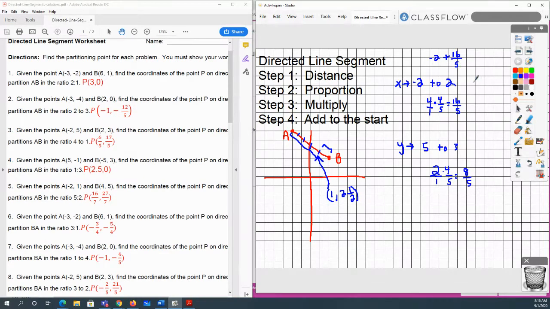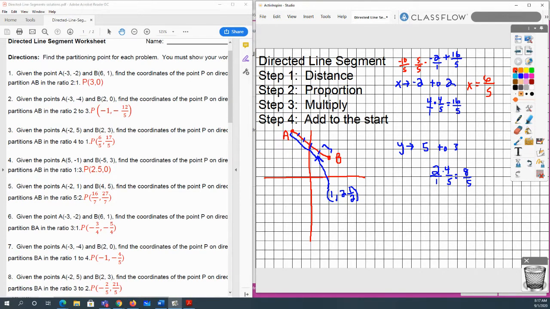I'm going to put this over 1. Least common denominator is 5. So I'm going to multiply this by 5 over 5, which gives me -10 over 5. So now I got -10 over 5 plus 16 over 5, and I get 6 over 5. That's your X value.